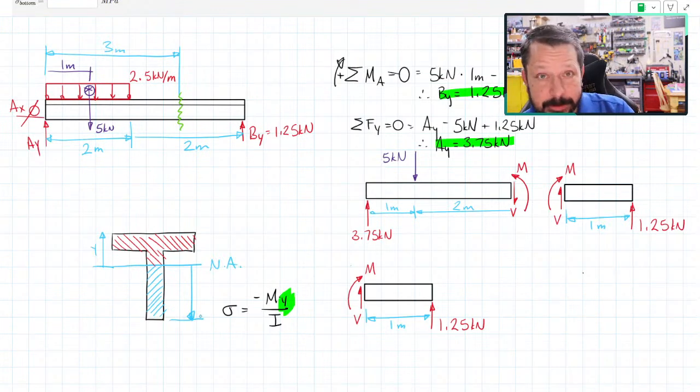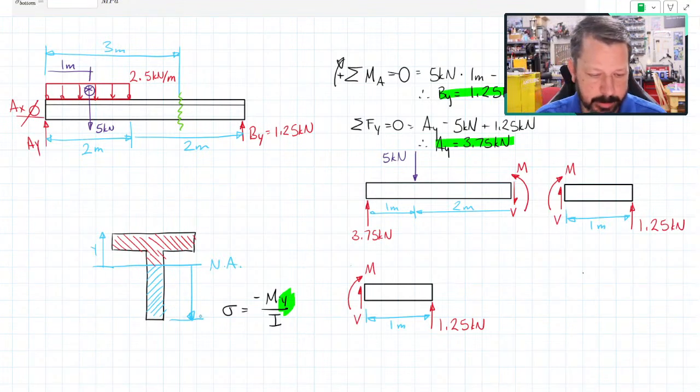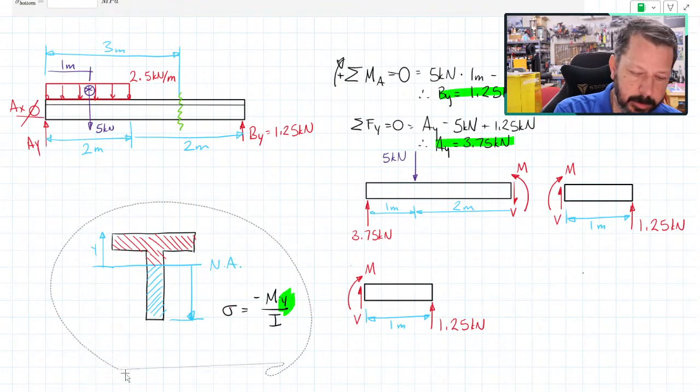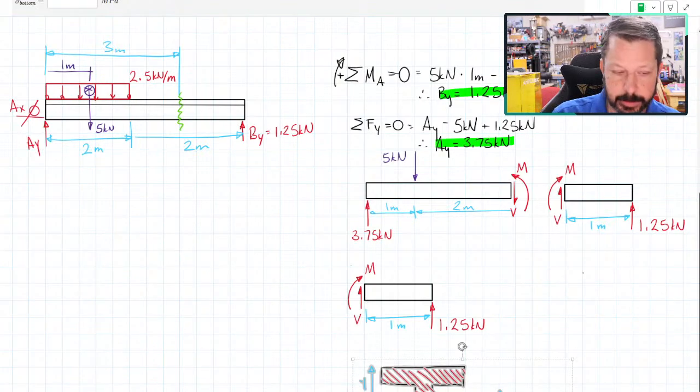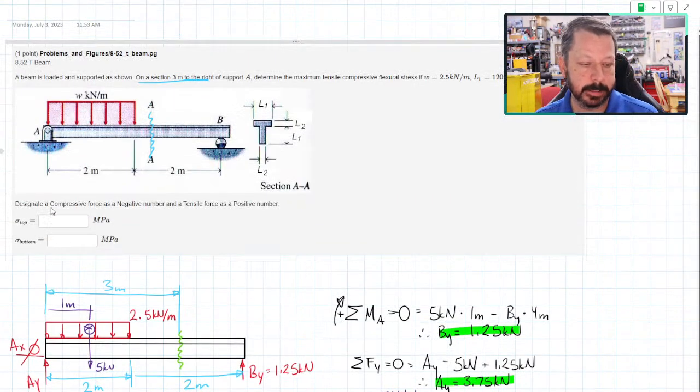You have different values for y, and you will have different magnitudes of stress. Not just different signs of stress, tension and compression, but actual different magnitudes. So that's why this particular problem is asking you to do both. It doesn't tell you tension and compression, it says top and bottom of the beam.